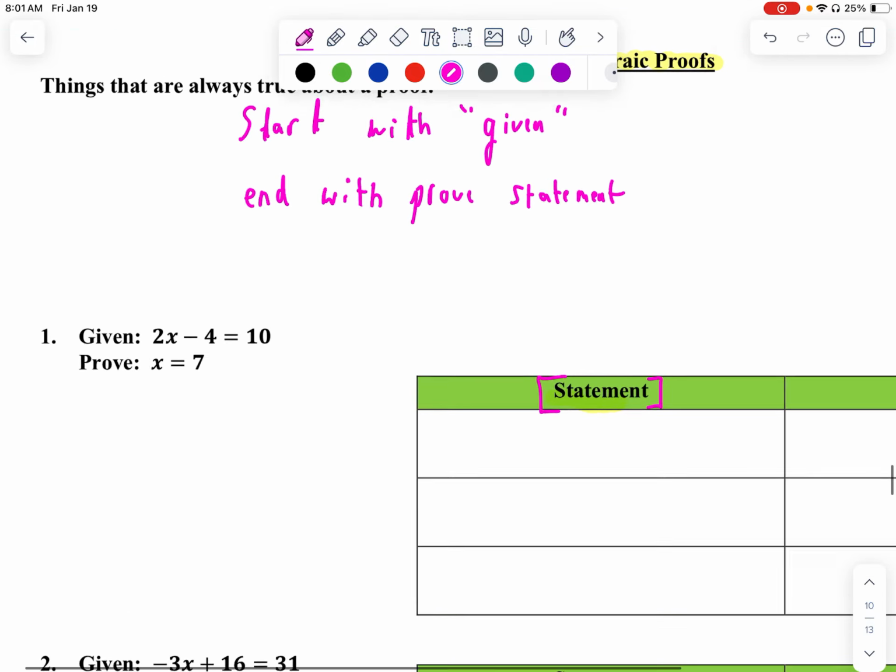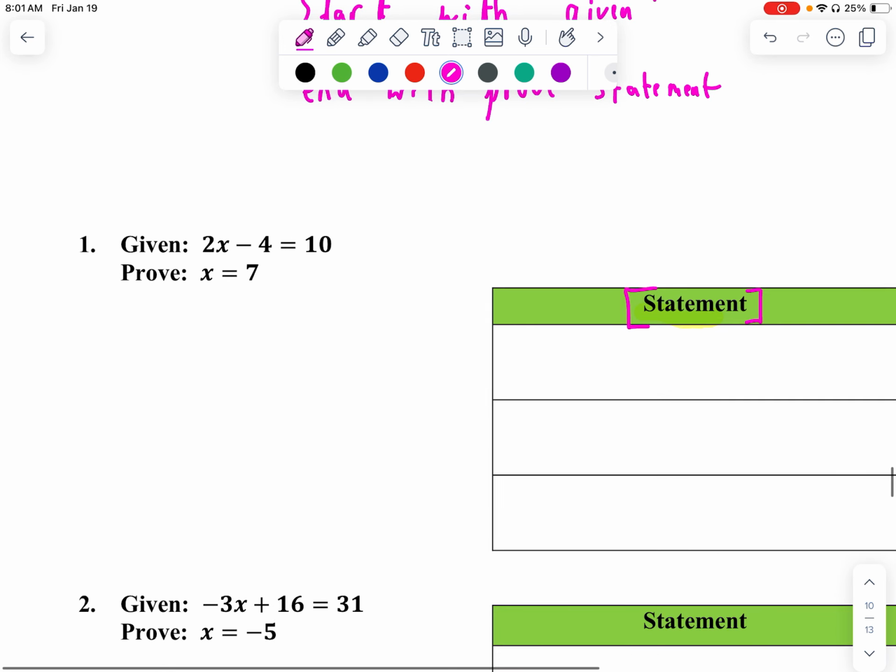If we look at number one here, before I really worry about the statement and reason box, the first thing I want to say is we have this given here. Again, the given is what you're starting with. And our given is 2x minus 4 equals 10. This is a linear equation. We've solved these before, and I want to solve this really quick just to have a starting point.